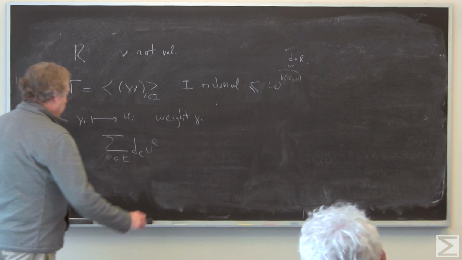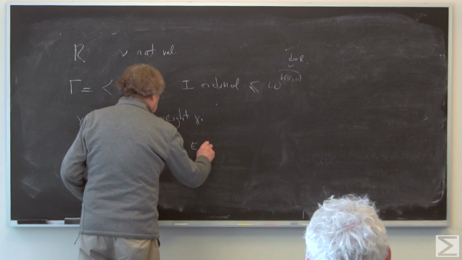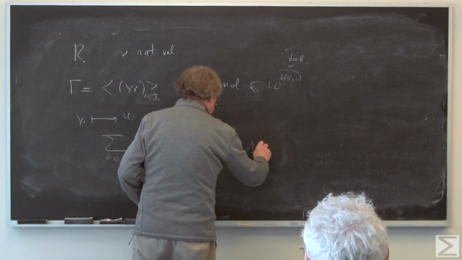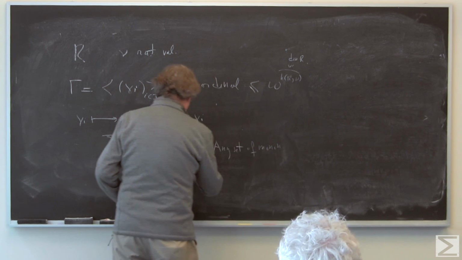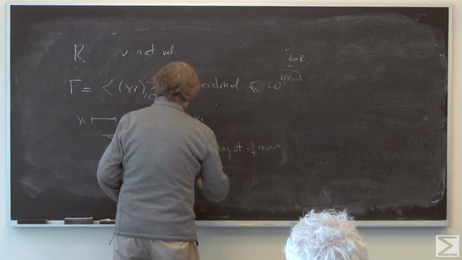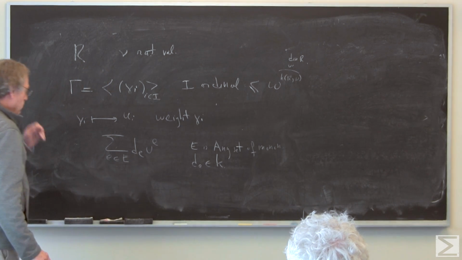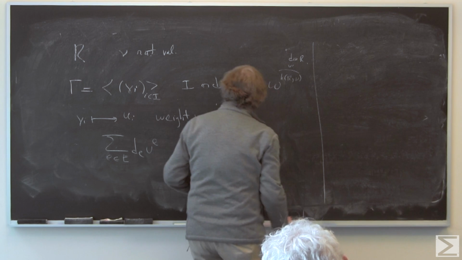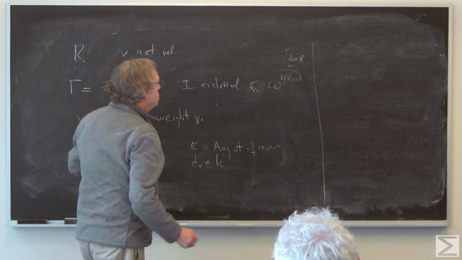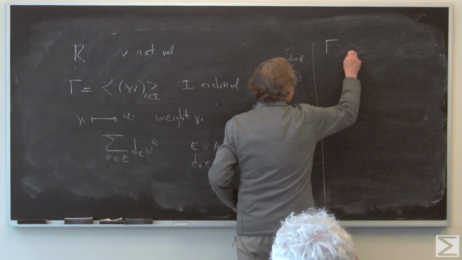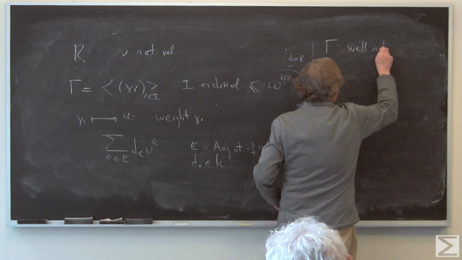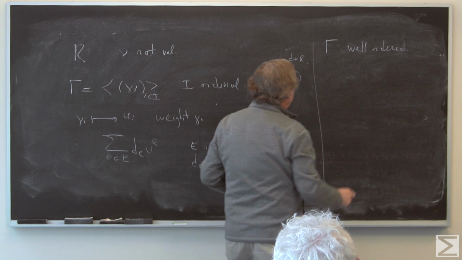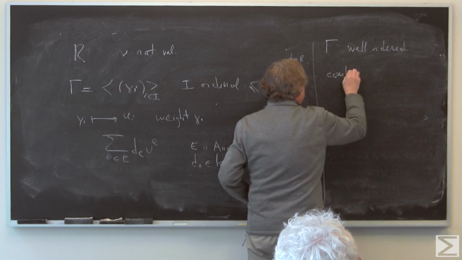Where E is any set of monomials, and the coefficients are in some field K. Before I go on, I need to say something about the semigroup gamma. I told you it's well ordered. It has another quality which actually comes from that one, which is that it is combinatorially finite.